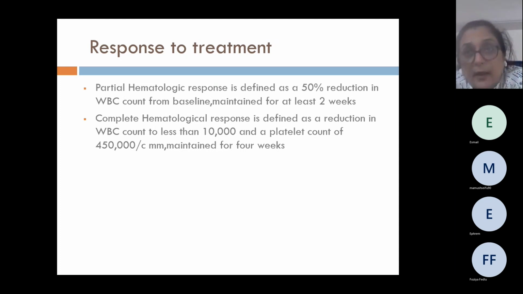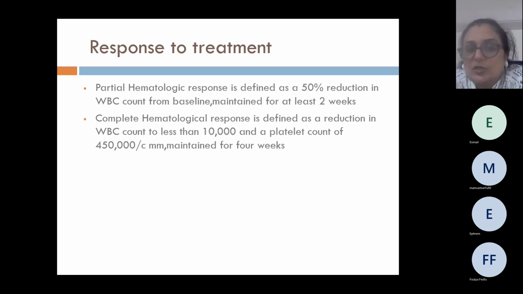When it comes to hemat tumors or blood cancers, there you monitor the efficacy in a slightly different manner. In CML, when we talk about partial hematological response, it means there is a 50% reduction in WBC count from baseline maintained for at least 2 weeks.